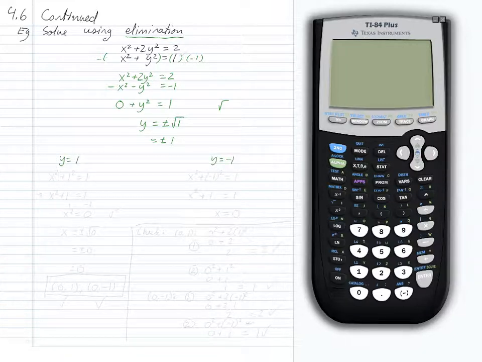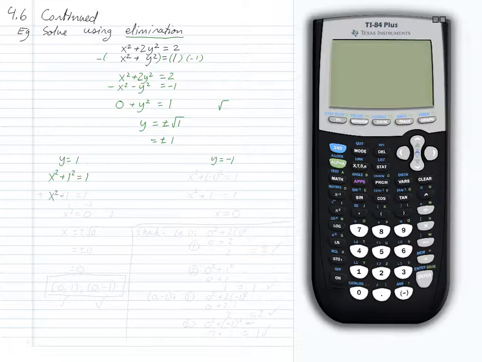Alright, now we need to figure out what x value corresponds with each of these y values. For 1, we are going to plug this back into one or the other of our equations. I have a feeling that the bottom equation will be a little bit easier. So if we plug y equals 1 in, now we have another equation in terms of one variable only.